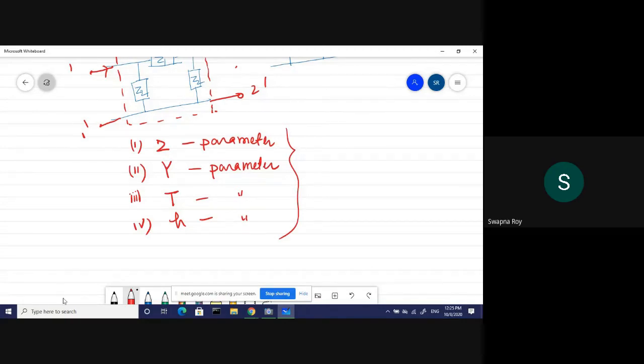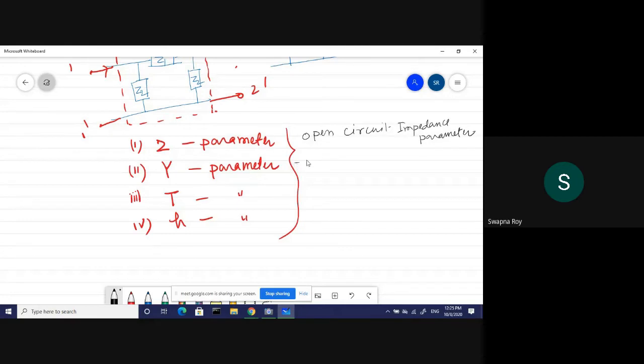What is Z parameter? Z parameter is called open circuit impedance parameter.